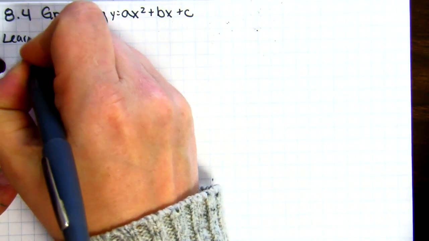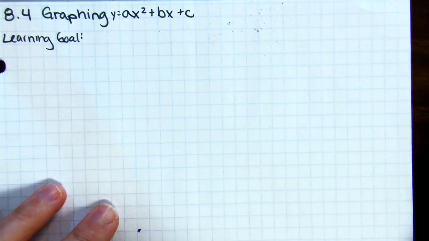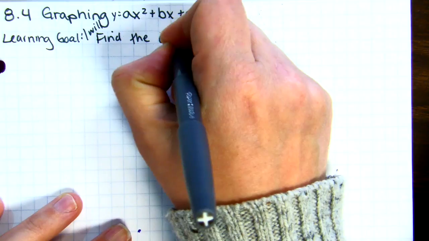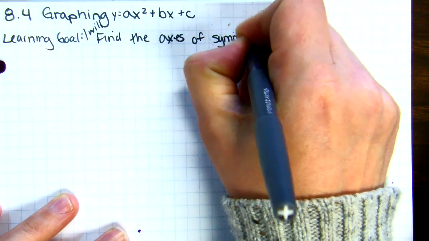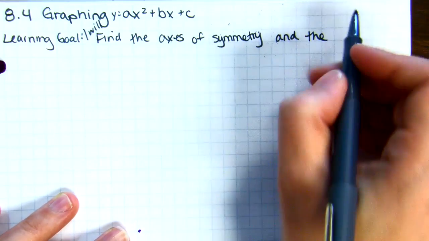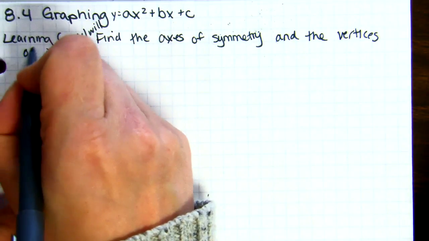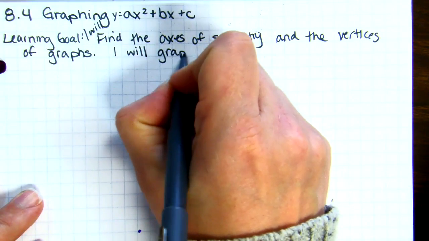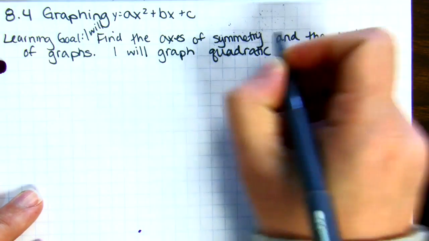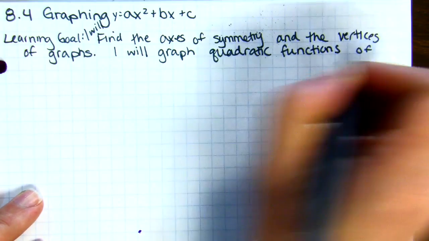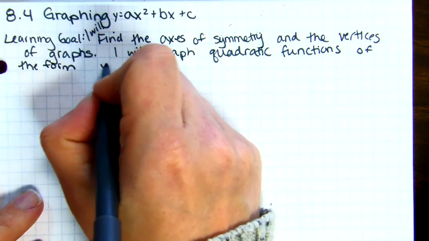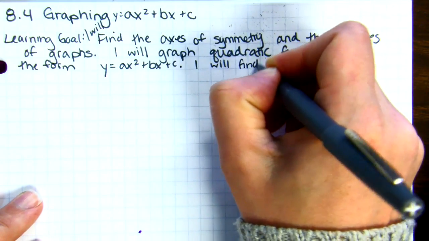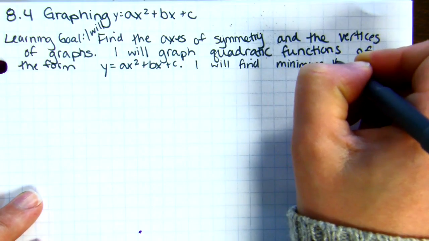So our learning goal: we are going to find the axes of symmetry and the vertices of graphs, and I will graph quadratic functions of the form y equals ax squared plus bx plus c, and then finally I will find minimum and maximum values.